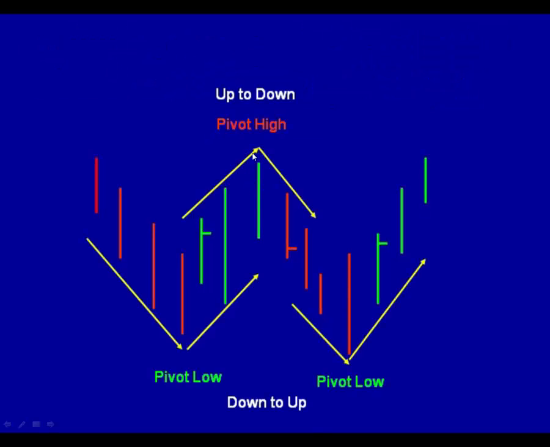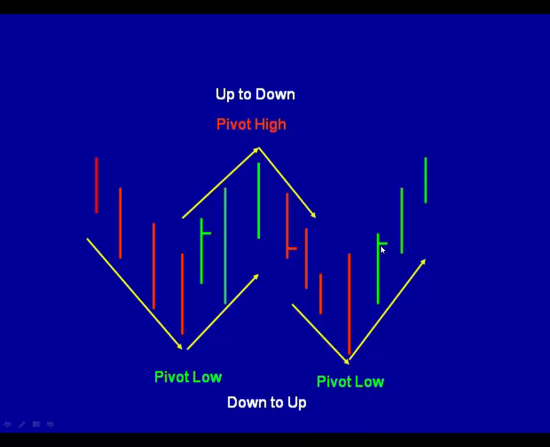All right, so just to add on to this particular slide, we talked about there's your pivot low. Up here, higher highs, higher lows. This red bar that closed below this green one here creates the pivot high. Once again, pivot low. See how wide this bar is? Again, there's no definition or range for a pivot high or a pivot low. It can be as wide as the price bars are there.